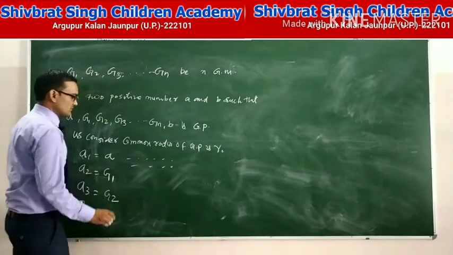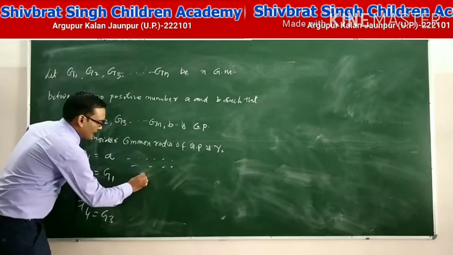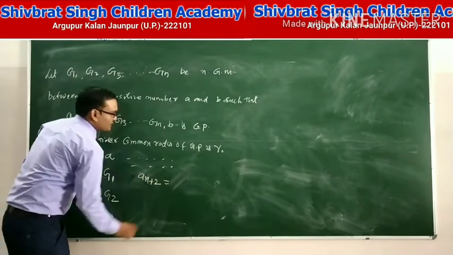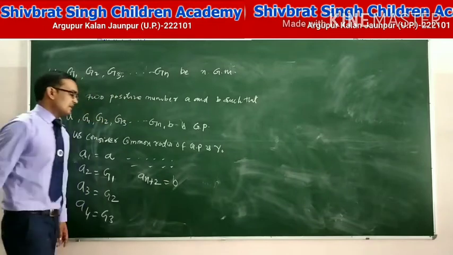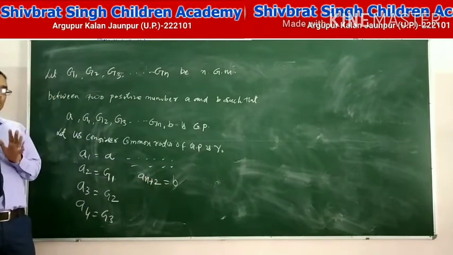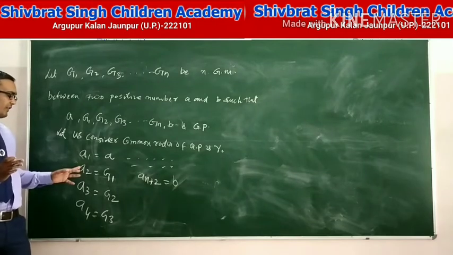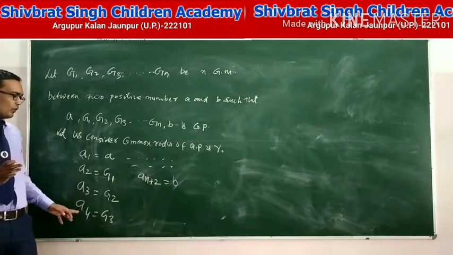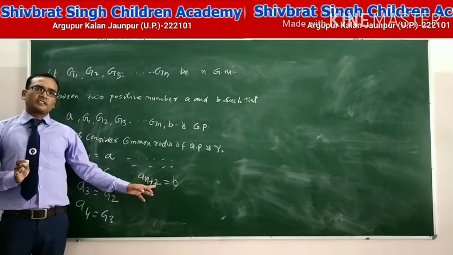Similarly, the n plus 2 term of the GP is B. That means the last term of the GP is B. Our target is to find the values of a2, a3, a4, and so on, up to a(n+2).